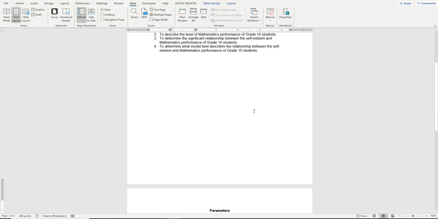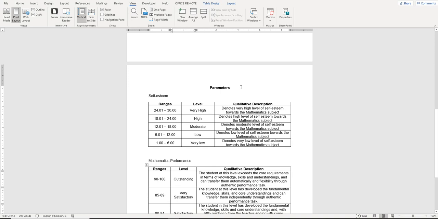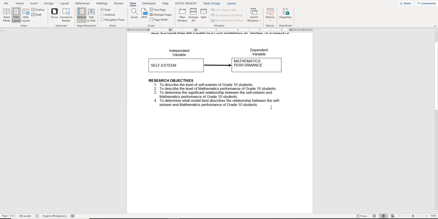So for the parameters, we have this one. If the mean is 1 to 6, that means very low. And then 6.01 to 12, that is low, and so on. Now we are going to compare our mean to the parameters for the self-esteem. So how are you going to make a table?